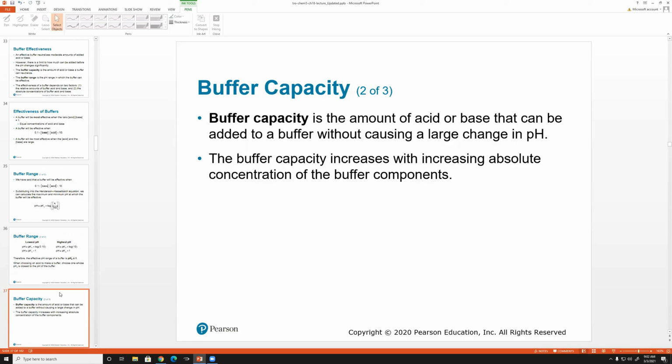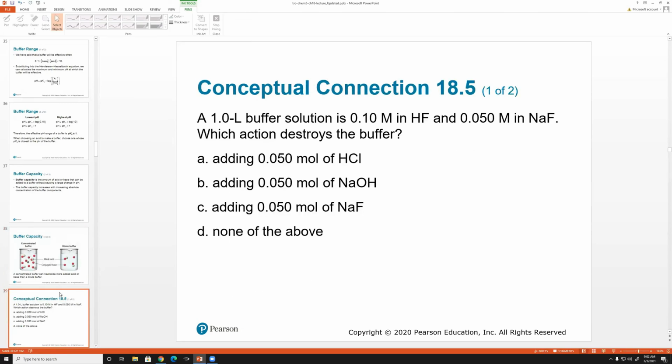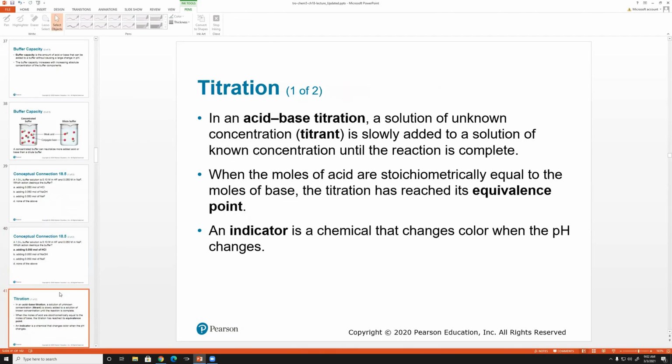So the buffer capacity is the amount of acid or base that can be neutralized without causing a large change in pH. And we can determine that from titrations. Now, a titration is when you have an unknown concentration of something in a solution, and you have something of a known concentration that you're adding to it.